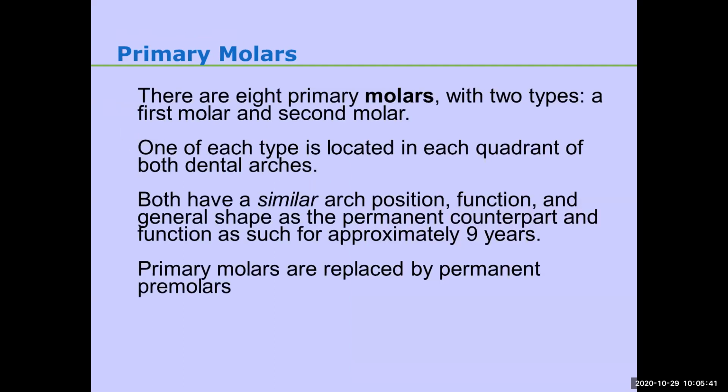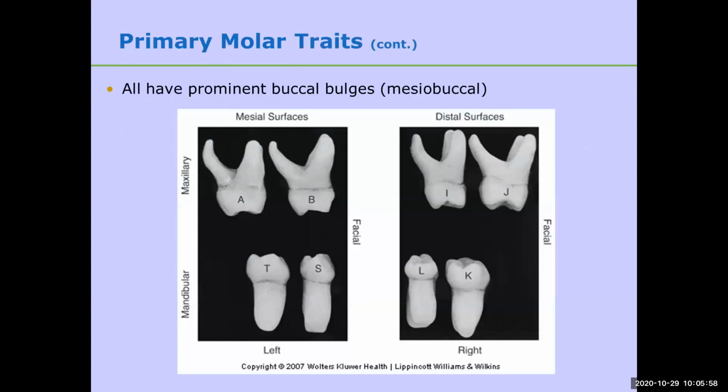You have 8 primary molars, a first molar and a second molar in each quadrant. Both have a similar arch position, function, and general shape as the permanent counterparts. You again have those prominent buccal bulges.